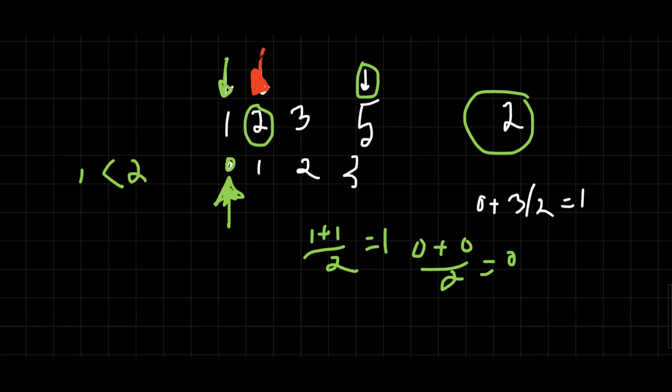Here our left pointer is pointing here and the right pointer is pointing here. So we have to stop the iteration, because the left pointer has moved to the right of the right pointer. So it is not possible to continue. So here we can see that this index number 1 is the ideal insert position of this element 2. So here we have to return 1. I hope you understood the algorithm. Now let's move on to the code.